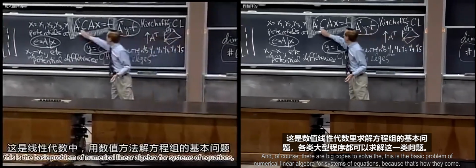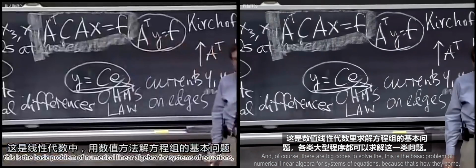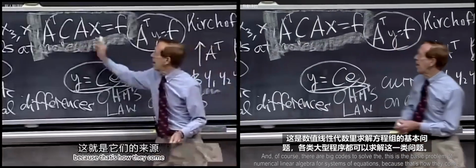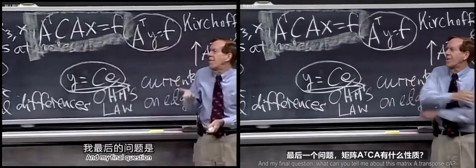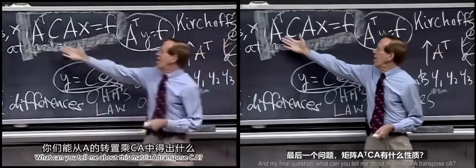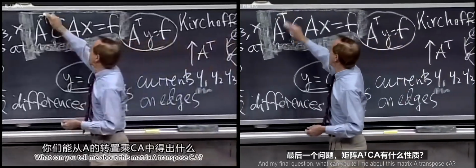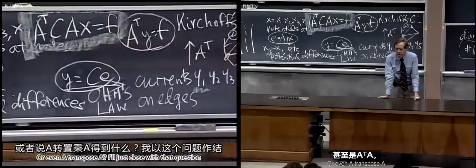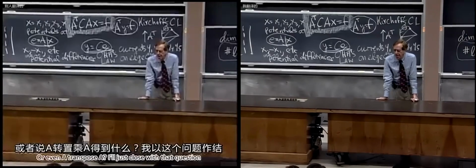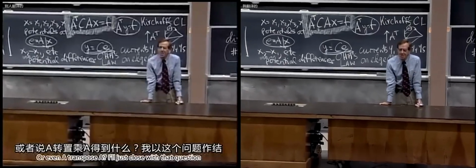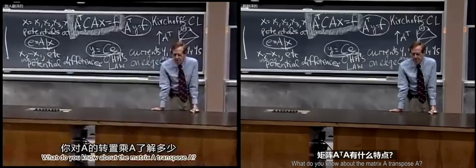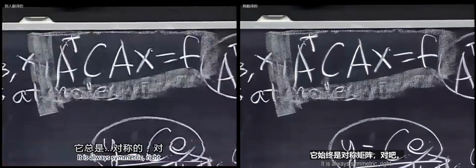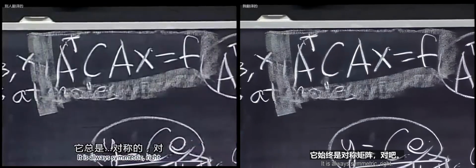It's the basic problem of numerical linear algebra for systems of equations, because that's how they come. And my final question, what can you tell me about this matrix A transpose CA? Or even A transpose A? I'll just close with that question. What do you know about the matrix A transpose A? It is always symmetric. Right.